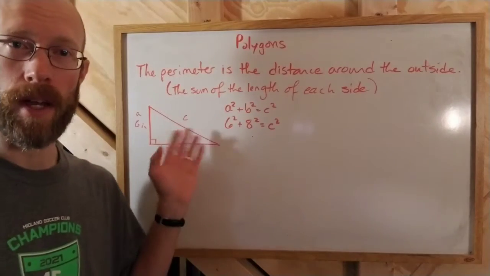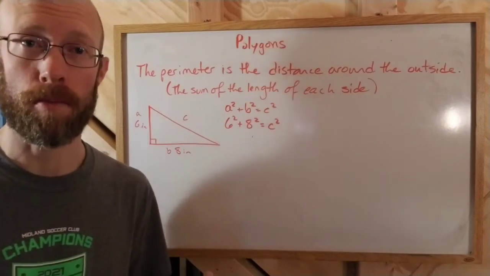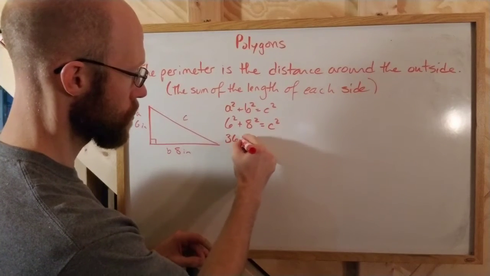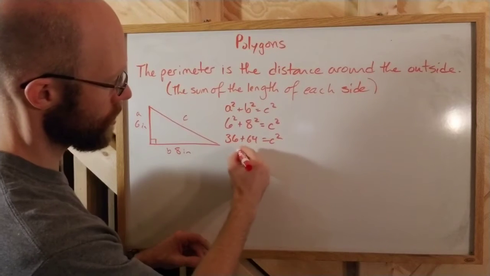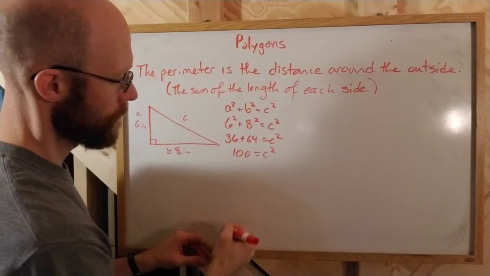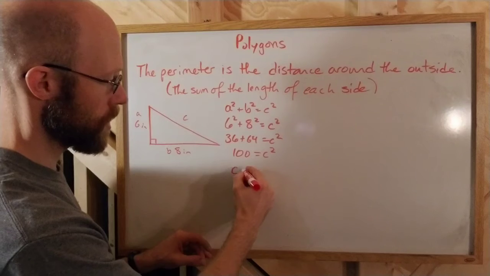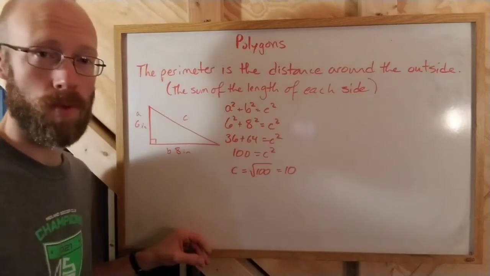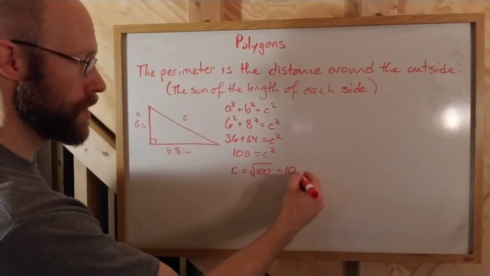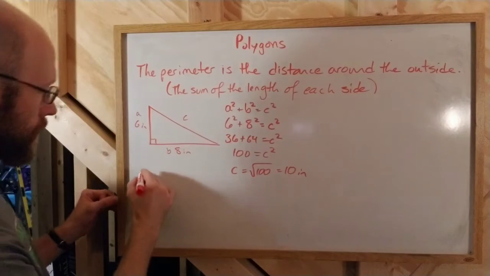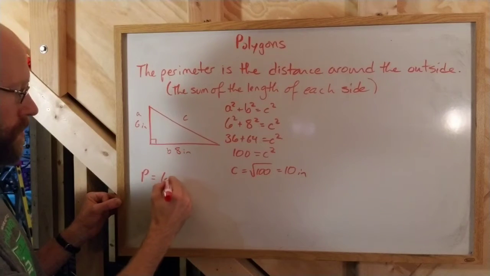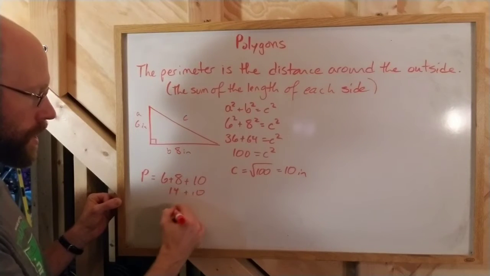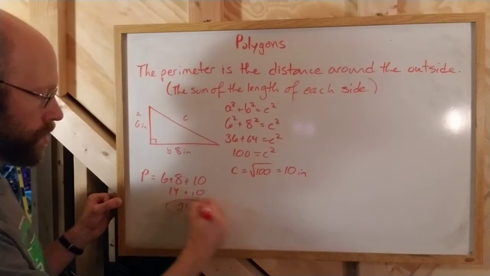So what we're doing is finding the third side before we find the perimeter. Okay, 6 squared is 36, 8 squared is 64, their sum is 100, and we need to take the square root of 100 in order to find the value for the hypotenuse, which is 10. Okay, so we have a 10-inch hypotenuse, and then the perimeter is simply the sum of 6, 8, and 10. 6 and 8 make 14. Add the 10 and you get a 24-inch perimeter.